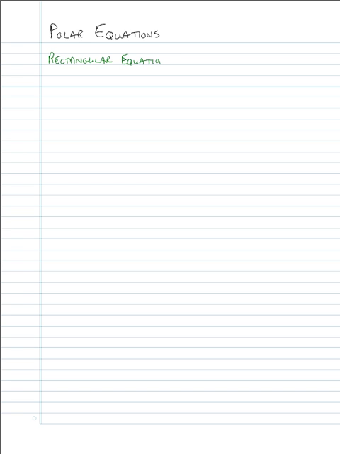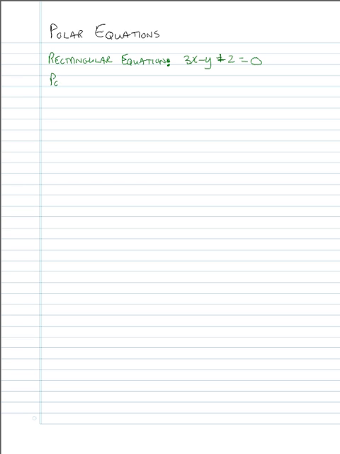Okay, so a rectangular equation, let's say just an equation, might be something like 3x minus y plus 2 is equal to 0. Well, we might recognize, and I hope that we would, that that's the equation of a line.